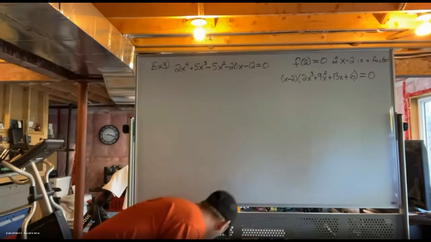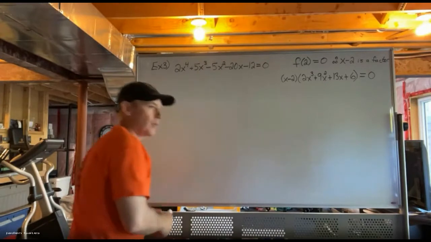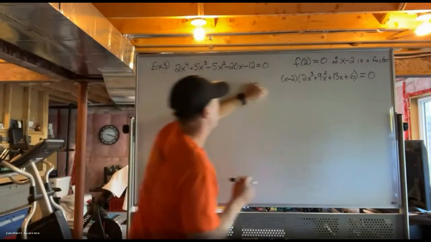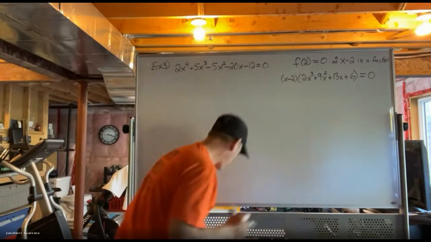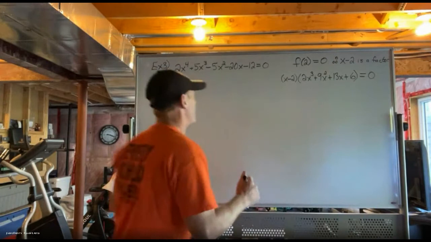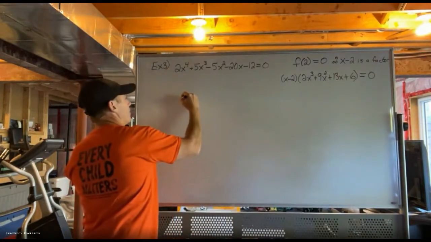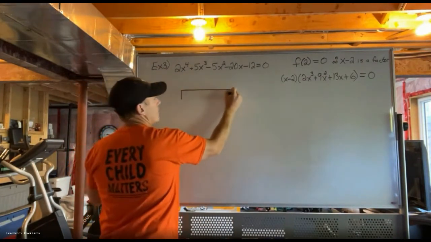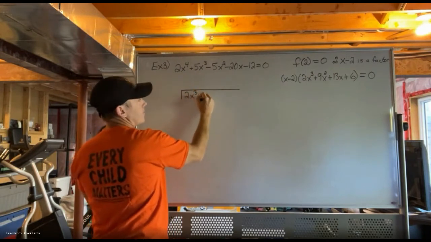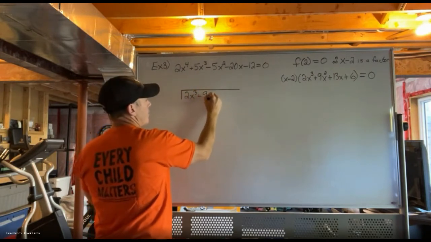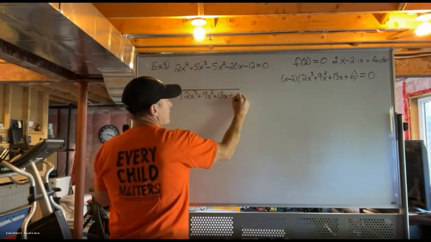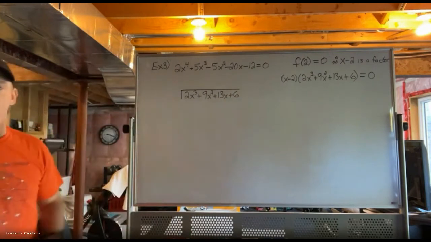So on that note, I now have my 2x cubed plus 9x squared plus 13x plus 6. I've got to fully factor this. Now I need to have a factor of it.